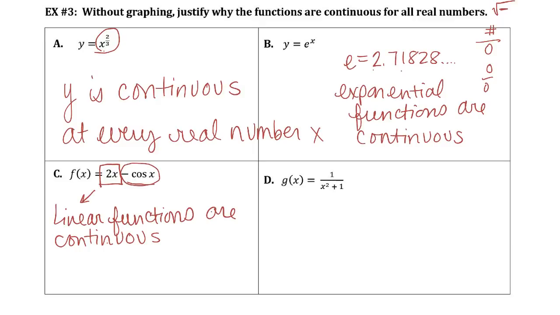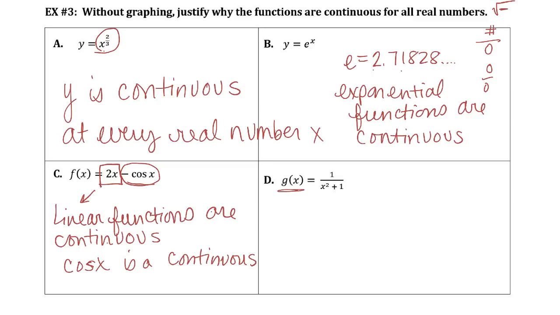Even with negative cosine, that's going to be continuous everywhere as well. So again, cosine x is a continuous function. Notice it gets kind of redundant here, simply because all of these will work.